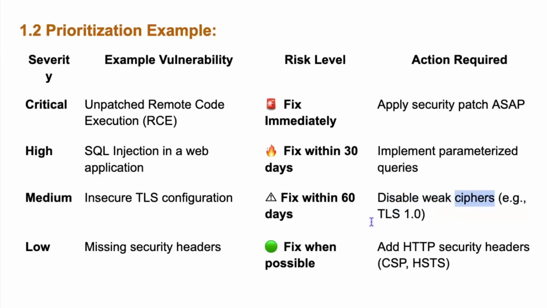Any kind of weak cipher or weak encryption should obviously be updated, but it's not as crazy if it's on a web server. If it's on some kind of application or communication that houses really sensitive information, then I would say this goes up in the rankings and should be addressed sooner rather than later, maybe not 60 days, because it's housing really, really sensitive information.